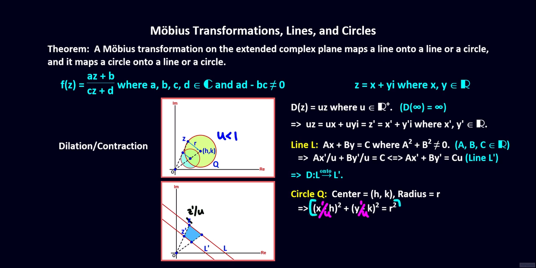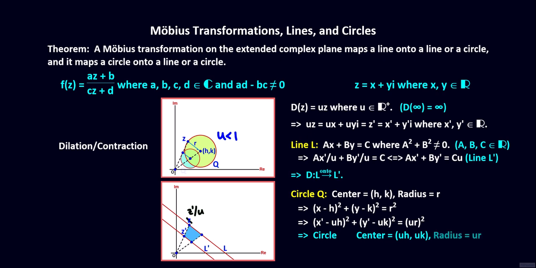We multiply by u squared. We get (x prime minus uh) squared plus (y prime minus uk) squared equals the square of the product of u and r. This is an equation of the circle whose center is at (uh, uk) and whose radius is u times r. We call this circle Q prime.